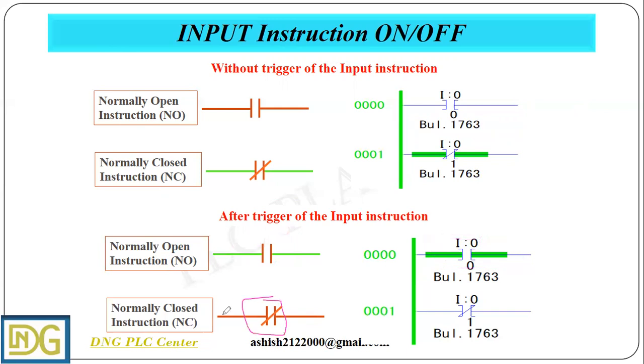When you trigger our NC instruction, it will stop the signal from forwarding to others. It will not be energized when we press these instructions. Okay, have you understood this application? Yes.